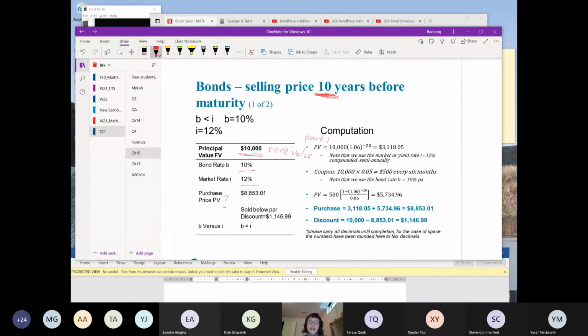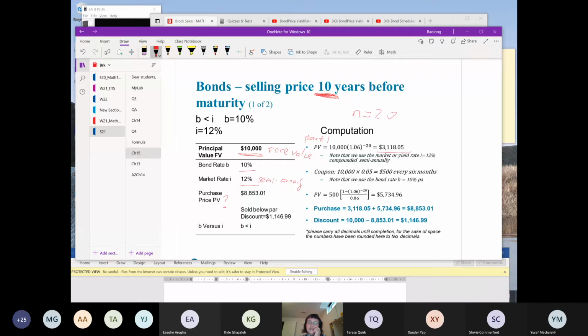This is 10 years, so n becomes 20, because the interest rate is usually compounded semi-annually. It is 12% divided by 2, which is 6%. Okay, so you get the present value.